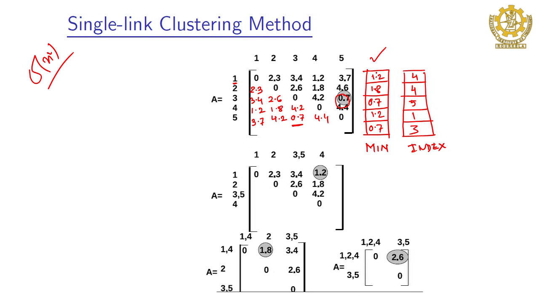So we start searching from here. Where is the minimum? The minimum is here, and we see it appeared with the third row. Then we get the two clusters: 3 will merge with 5.